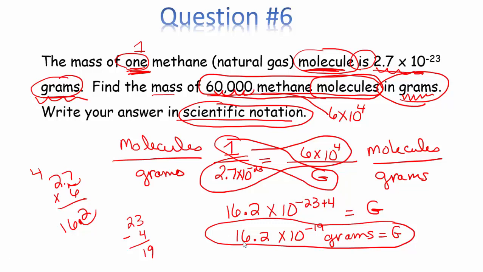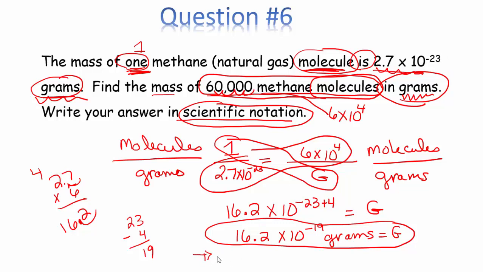Is 16.2 times 10 to the negative 19th greater than 2.7 times 10 to the negative 23? Yes, that is a greater number. If we have more molecules, we should definitely have a greater number of grams. Negative 19 is greater than negative 23, so I'm on the right track.